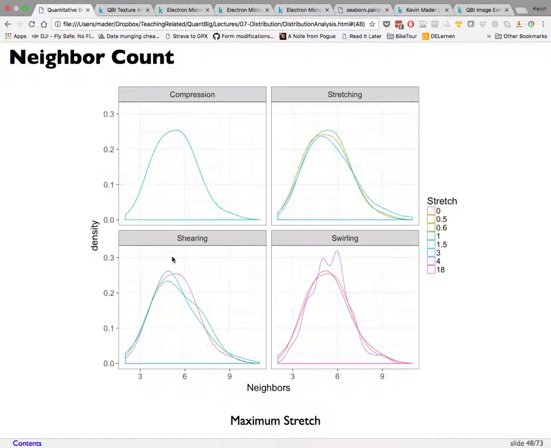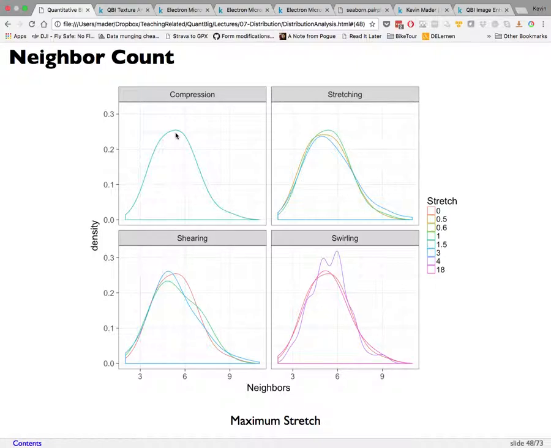With the Delaunay triangulation and the neighbor count, nothing changes as we compress or shrink the system, which is very nice, because we now have a parameter that encapsulates the system independent of its scale. If this neighbor count distribution is exactly the same, then the topology has stayed the same.